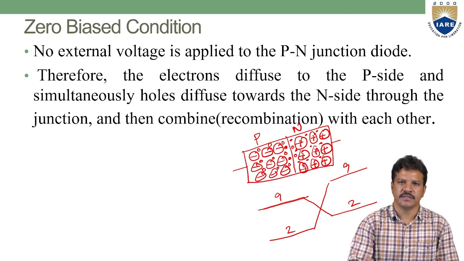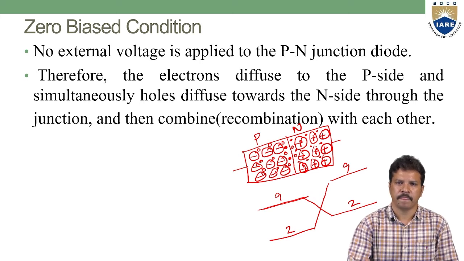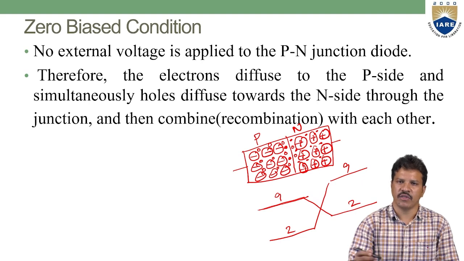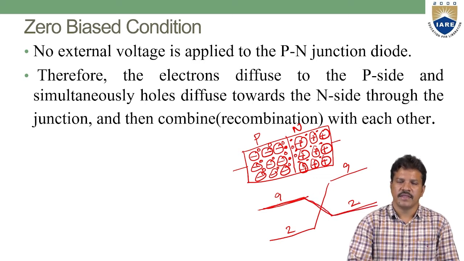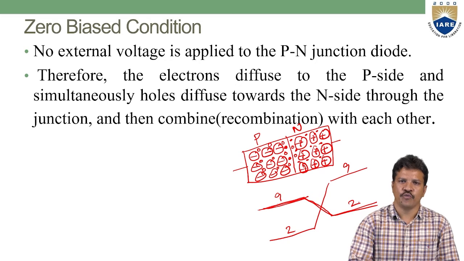Concentration gradient means there are more charge carriers on one side than the other side. Due to this, these charge carriers have a tendency to move from higher concentration to lower concentration.